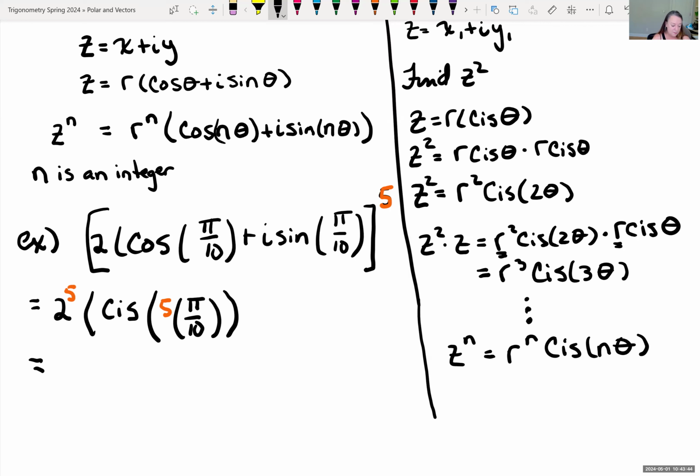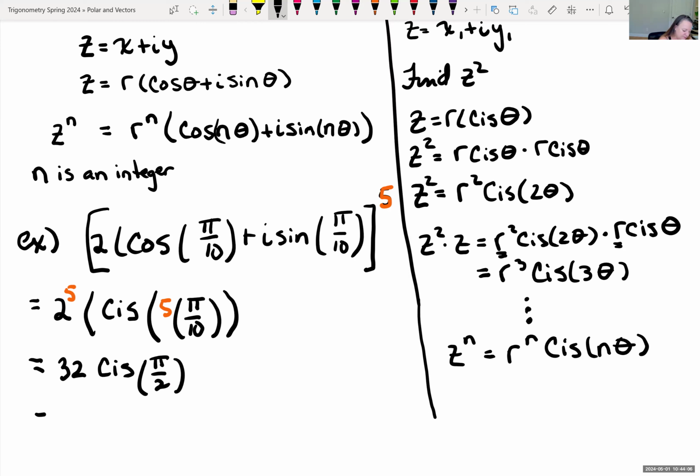So 2 to the 5th power, if you multiply 2 times 2 times 2 times 2 times 2, you get 32. And this would give us cis of pi over 2. Okay, so there it is in polar form.